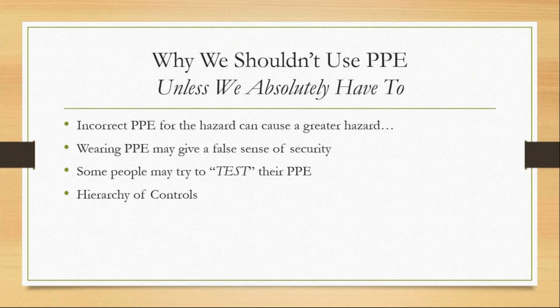They were supposed to wear nitrile. And now you have an employee that not only has this dangerous chemical on their hands, they also have melted rubber on their hands. Okay, so the wrong PPE can make you have a greater hazard than the hazard originally was. So you need to be doing the assessments and telling the people what PPE they need to wear.